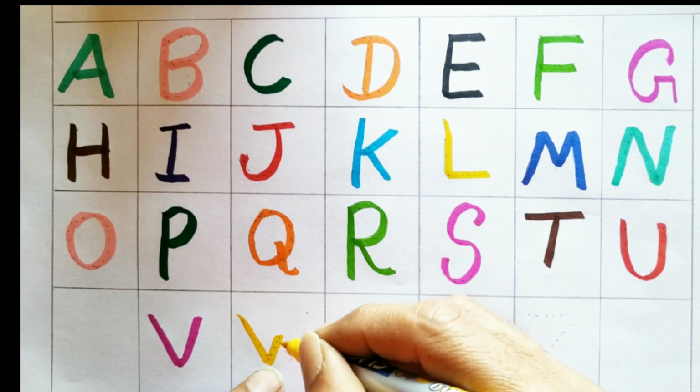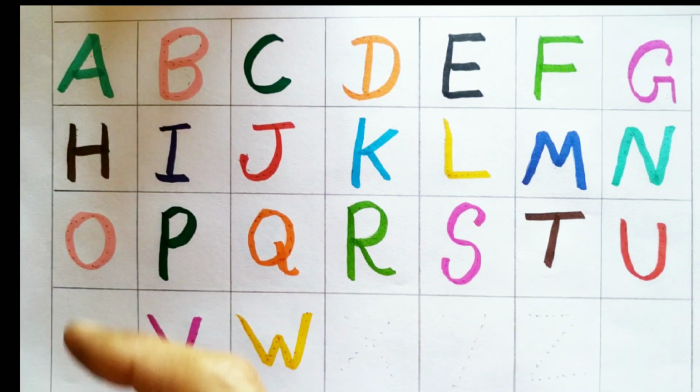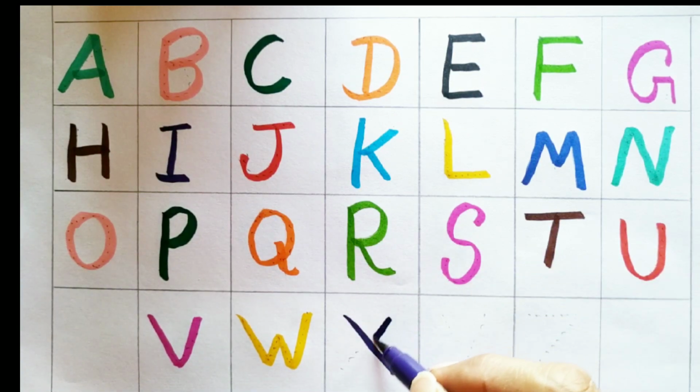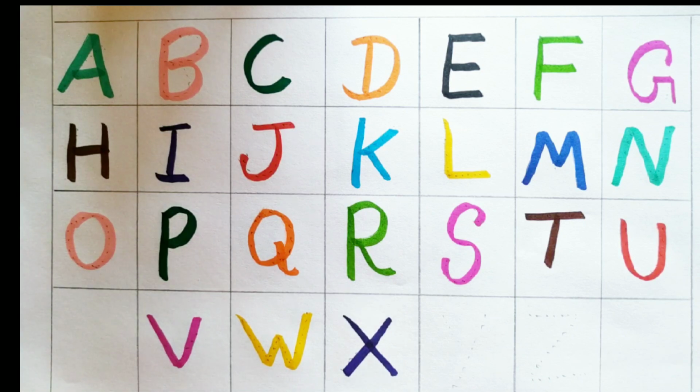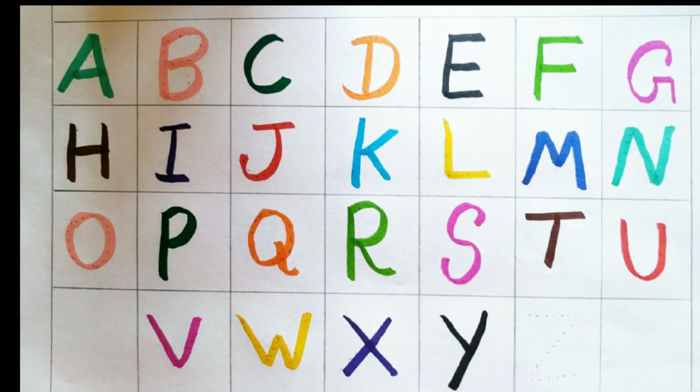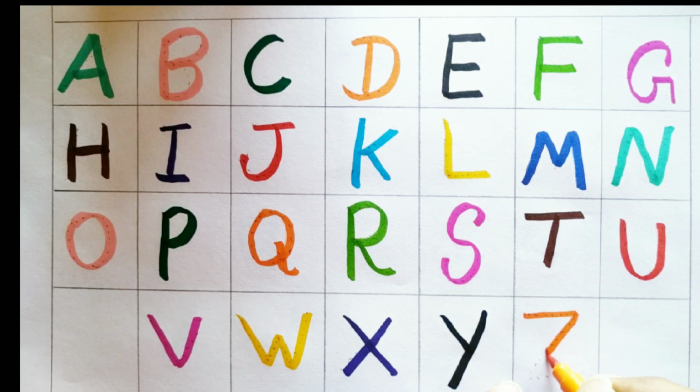W. W for watch. X. X for Xmas tree. Y. Y for yolk. Z. Z for zebra.